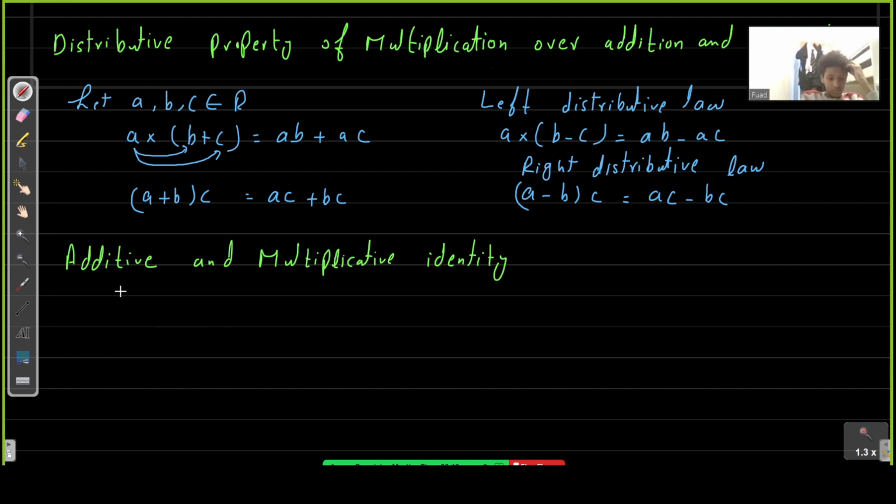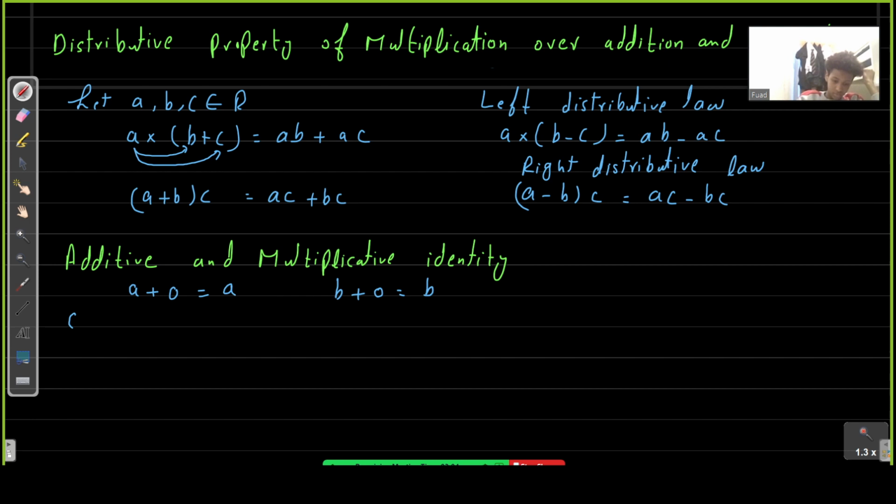For instance, A plus 0 will remain A. If I add 0 to A it will remain the same, and if I add 0 to B it will remain the same. Nothing is going to change. It means 0 is the additive identity.